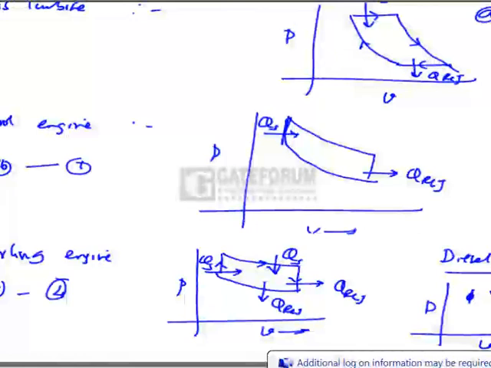So constant pressure heat addition and constant volume heat rejection. So D's answer is 2. So A for 3, B for 1, C for 4 and D for 2. That is the answer for this question.